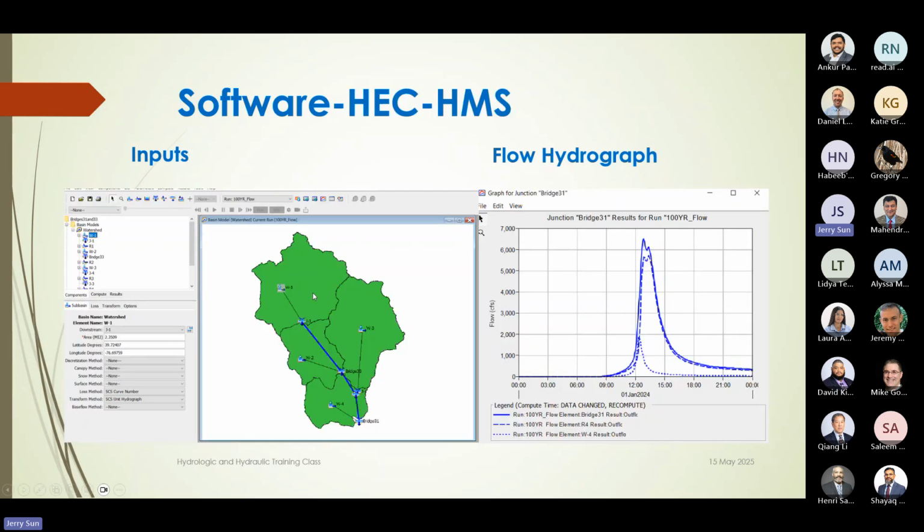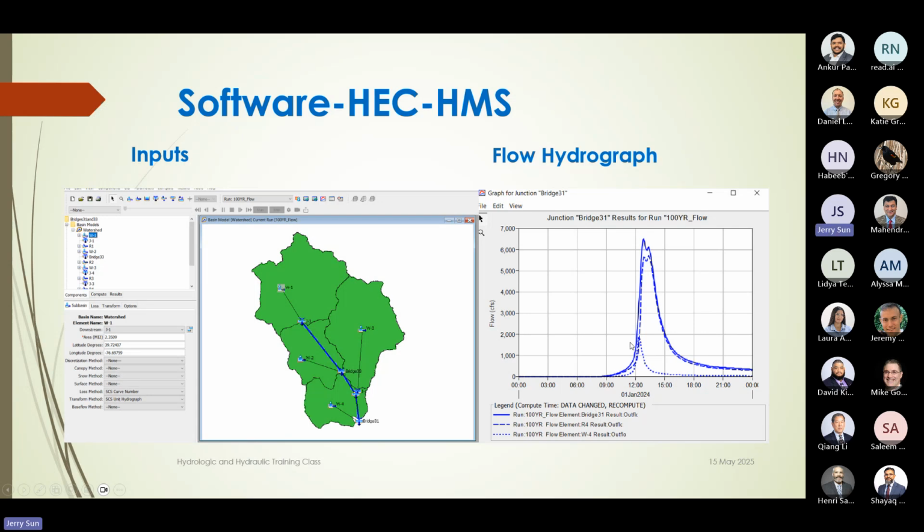But basically this is just a watershed and a reach, and they come out with the peak flows at different locations, like bridge 33, 31. The input is the same. For example, here we use loss curve numbers and the SCS unit hydrograph.